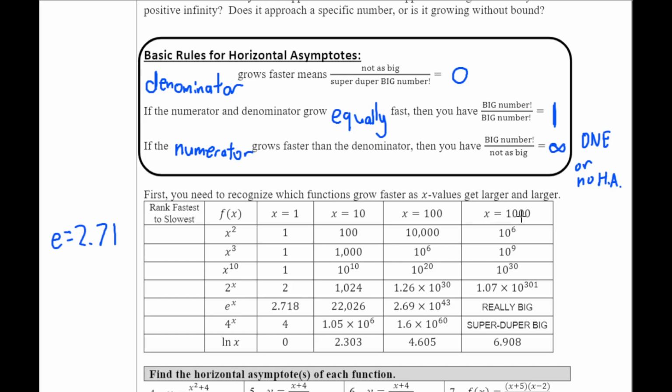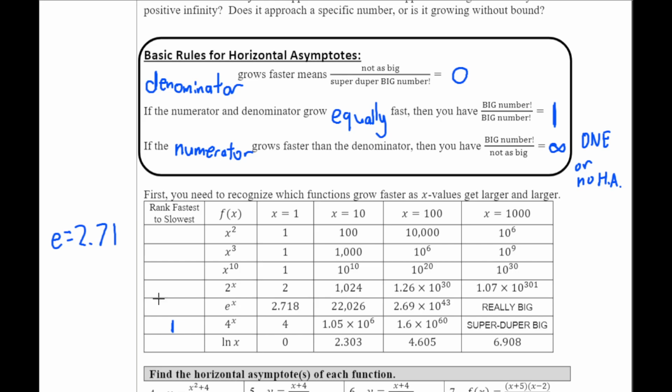But you see as x gets to 1,000, we don't care about these low x values. We care about as x values go to infinity. You can see this one, 4 to the x, grows the quickest out of all of these. You can kind of see the x's in the exponent, and 4 is the largest number out of all these three functions that have an x in the exponent.